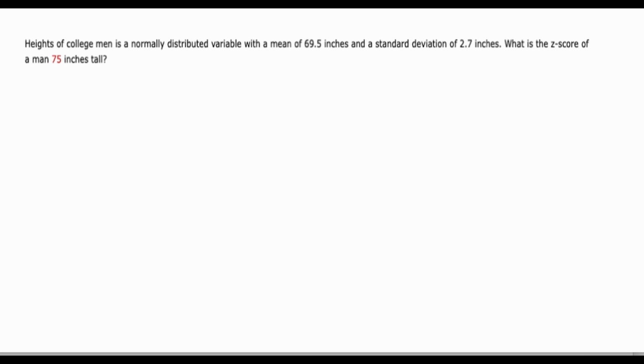This one says, heights of college men is a normally distributed variable with a mean of 69.5 inches and a standard deviation of 2.7 inches. What would be the z-score of a man who's 75 inches tall? We can draw the curve for men.